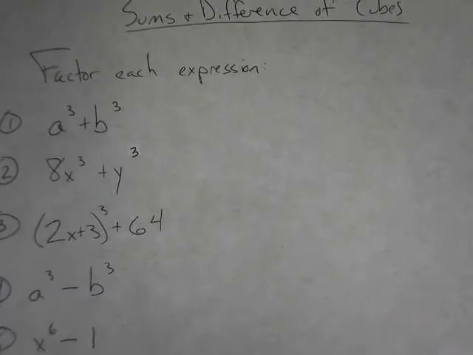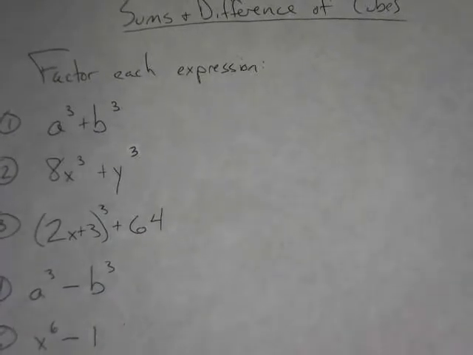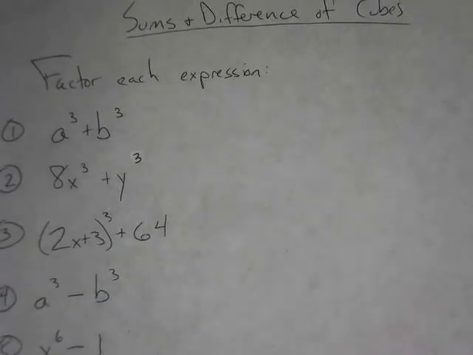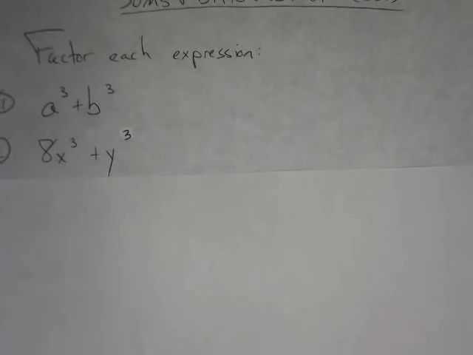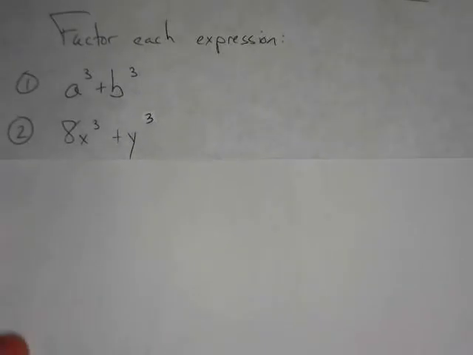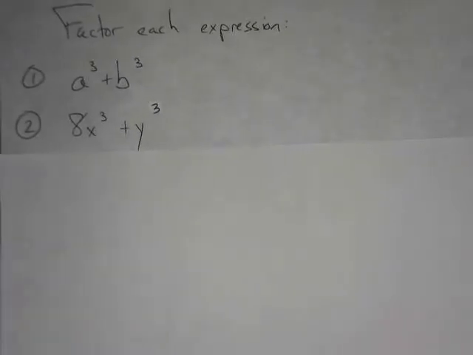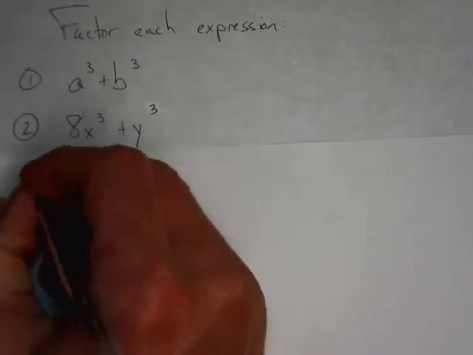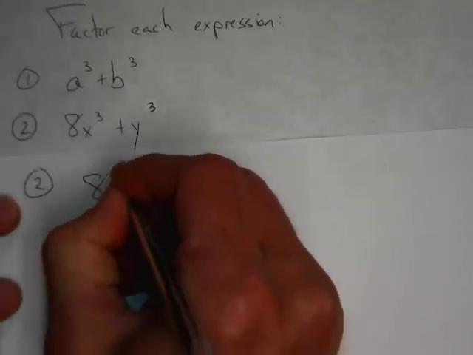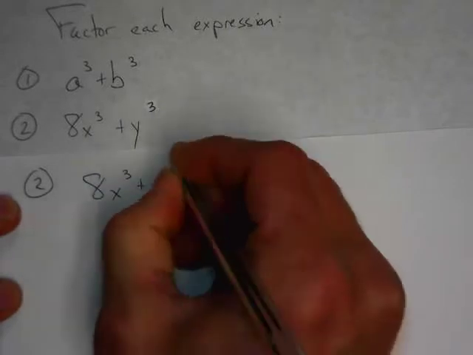So here's an example. Look at that second expression, 8x cubed plus y cubed. What's interesting about that expression is that it is a sum of cubes. Taking into consideration what we talked about throughout this unit, it's basically recognition.